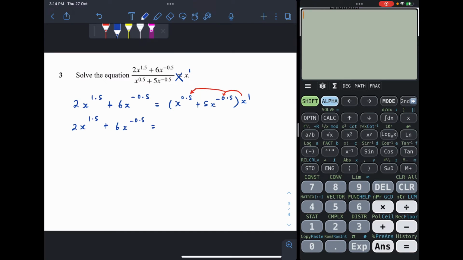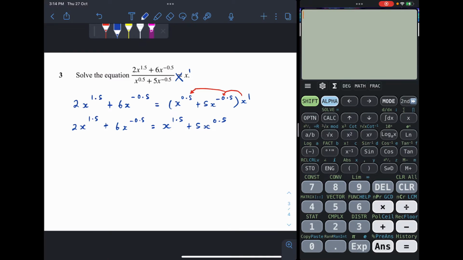When you multiply the same base, the x on the left and the x on the right have the same base of x, so multiply just means adding the powers. So it will become x^1.5 plus 5x^-0.5+1, which becomes a positive 0.5. So what do we do here?